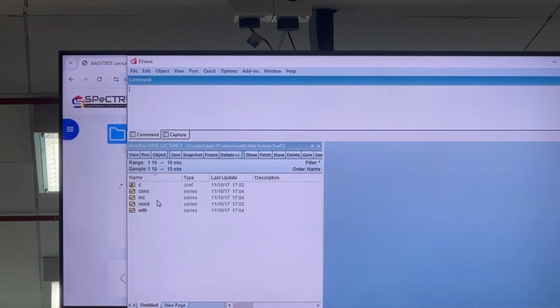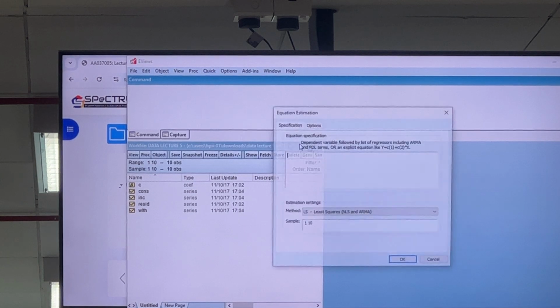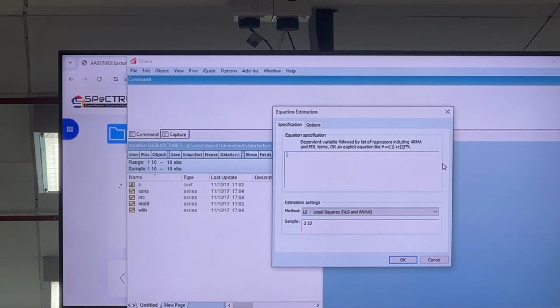Let's say you mistakenly include income twice, then you have perfect collinearity, and you will not be able to get the estimate. It's just an example. Let's say you mistakenly include the variable twice, so your x1 and x2 are the same variable.